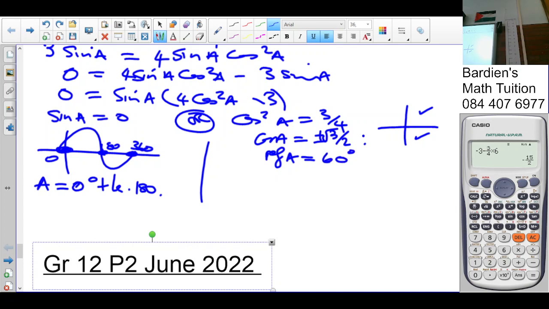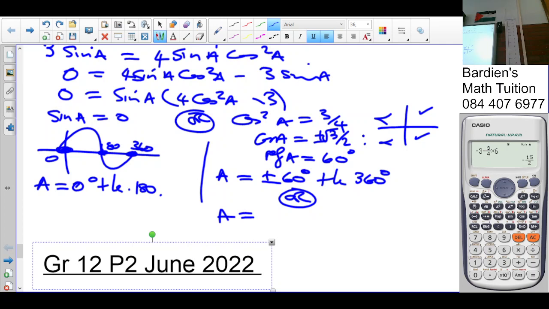Okay. So that one is going to be A is equal to plus minus 60 degrees plus k times 360. Or you could have written it as A is equal to 60 plus k times 360, or A is equal to 360 minus 60, which is 300 degrees plus k times 360. Or it is in quadrant 2 and 3.